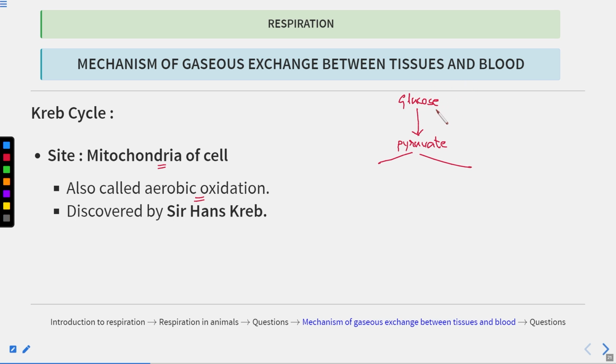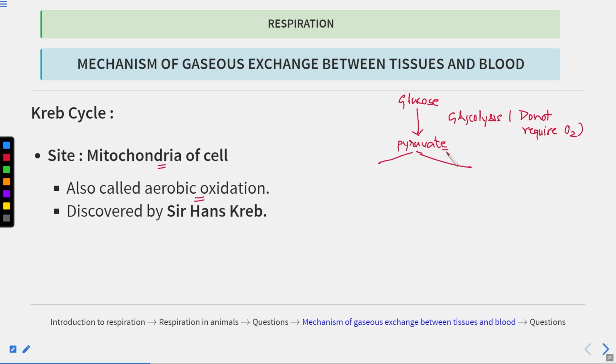So, this process is known as glycolysis, and it does not require oxygen, or you can say it is anaerobic. It does not require oxygen and it is a common pathway.